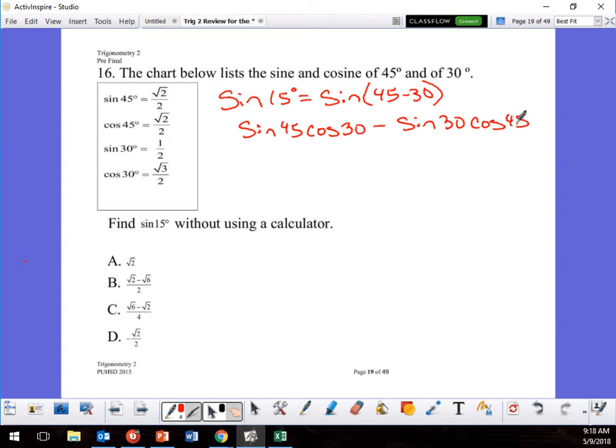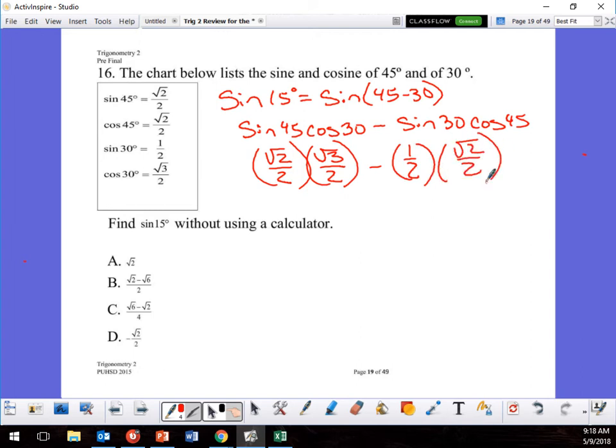So sine 45 is rad 2 over 2 times cosine 30, which is rad 3 over 2, minus sine 30, which is 1/2, times cosine 45, which is rad 2 over 2.